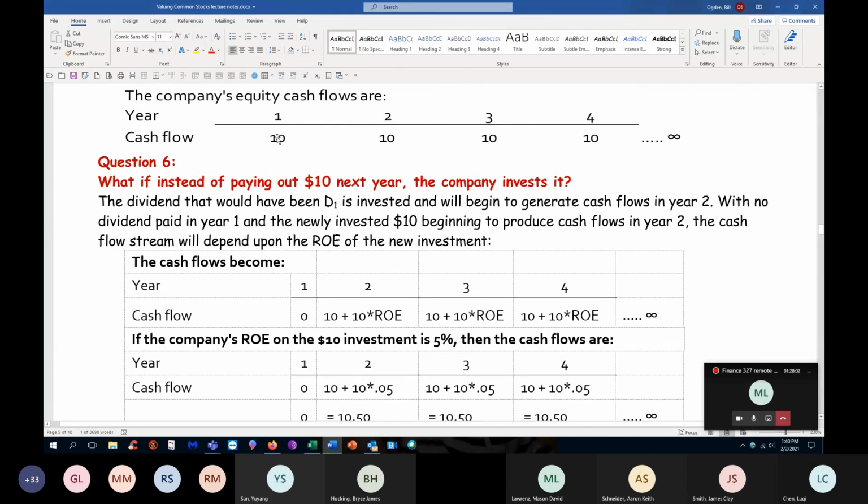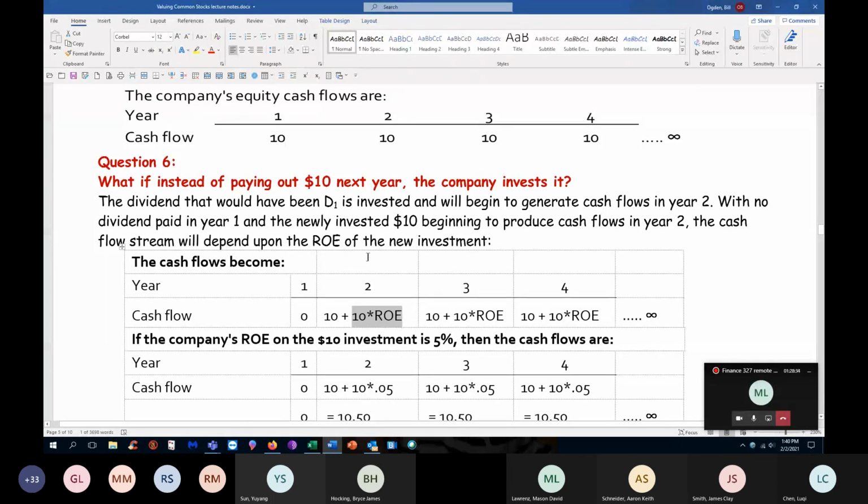Because I took the same $10 that they expect me to pay out, and I'm reinvesting it. So year two will have this $10 that we see in our original estimate, plus whatever the $10 that we reinvested in year one earns. And then that will happen again in year three, then again in year four.